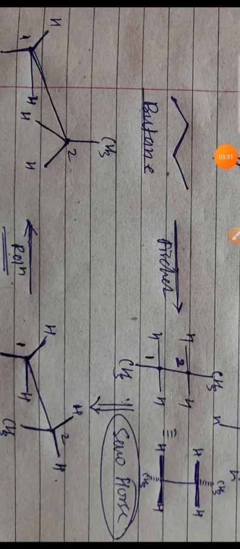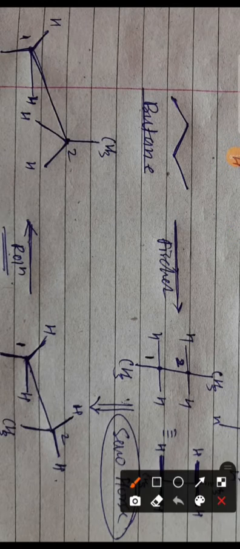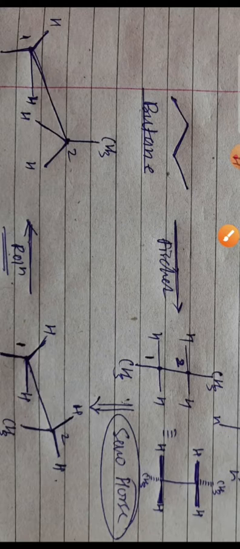So this is the Fischer projection of our butane. In the Fischer projection, on the vertical line the groups are below the plane, and on the horizontal line the groups are above the plane, like this.